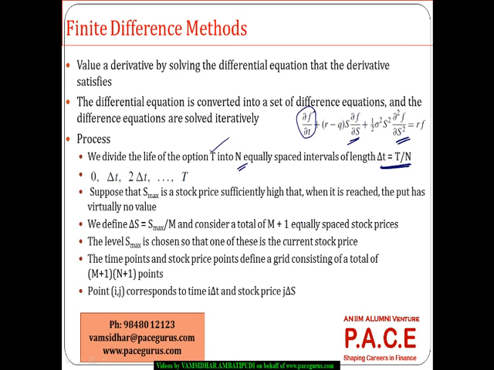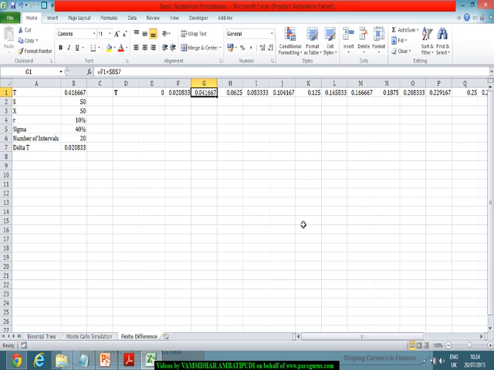Similarly, I take some maximum value of the stock price where the put literally has no value. So let me say S max is the maximum stock price where the put is literally of no use.